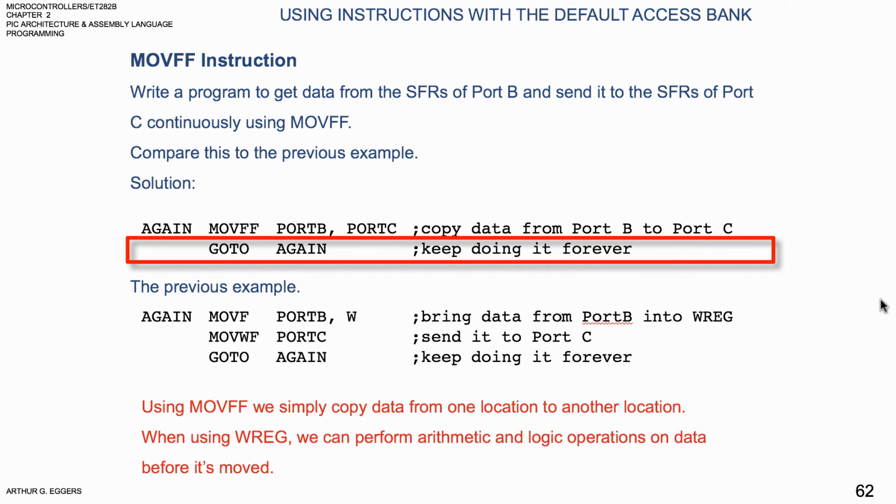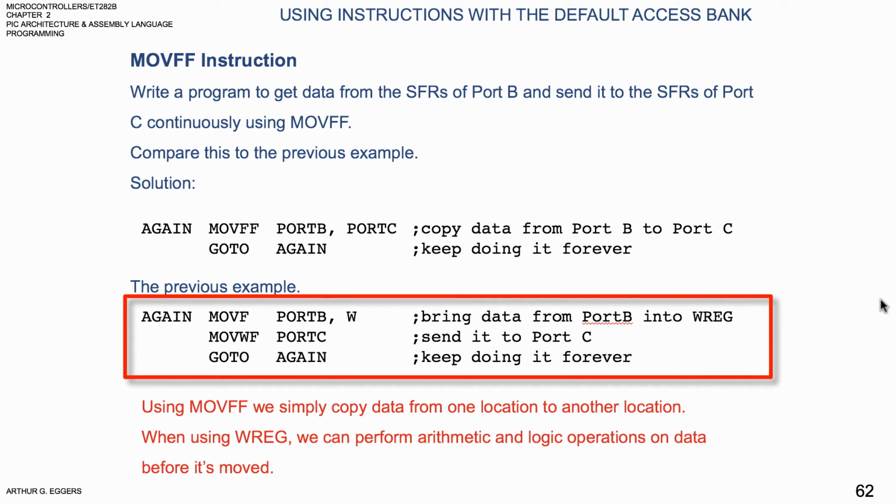Then we hit that GOTO command again, and it tells us to go to the line named AGAIN and keep doing it over and over again. Again, this creates an infinite loop, and it will do this until we actually stop the program.